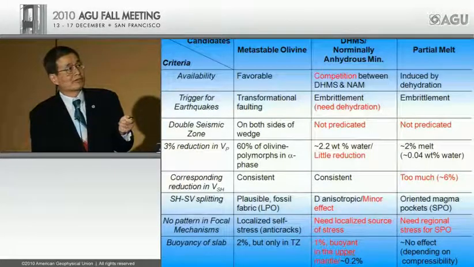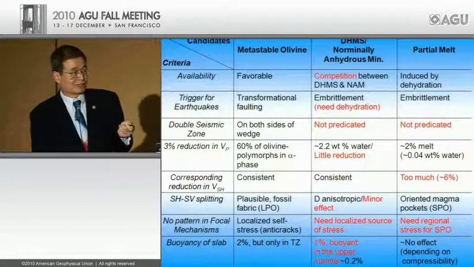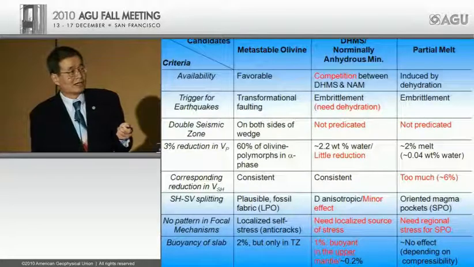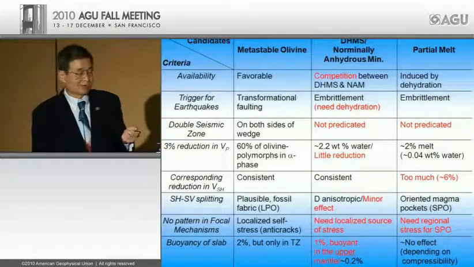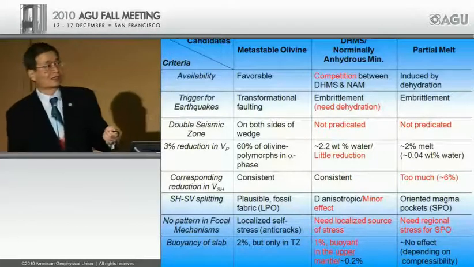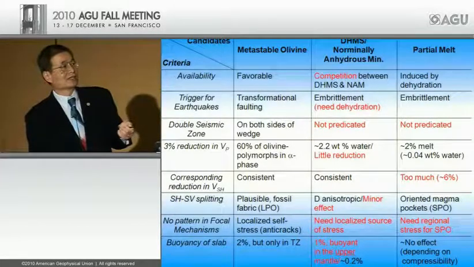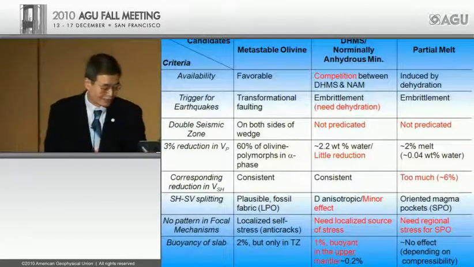Now, for the nominally anhydrous minerals, the effect on buoyancy is small. And for partial melt, the effect could be small depending on the compressibility of the melts. So if you look at this table, metastable olivine is really the only candidate that does not run into a red light here.